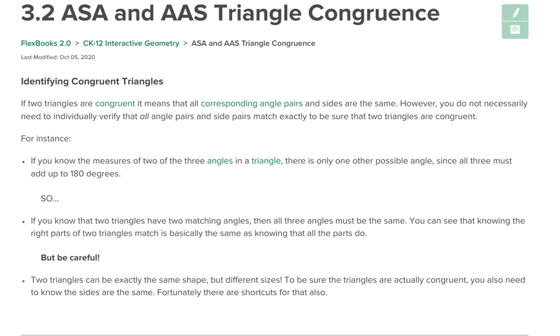For instance, if you know the measure of two of the three angles in a triangle, say angle A and angle B, and you just don't know angle C, there is only one other possible angle, since all three have to add up to 180 degrees. So if two triangles have two matching angles, then all three angles have to be the same.